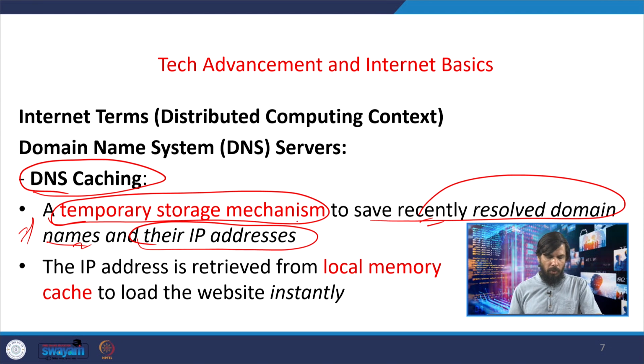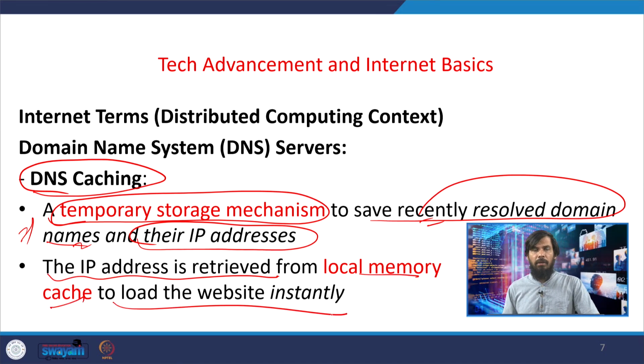So, it is a temporary storage mechanism, right, and the IP address is retrieved from the local memory cache to load the website instantly because of this DNS caching, and that happens in the local machine and the DNS resolver. So, at times you will type a website and it will load up immediately.